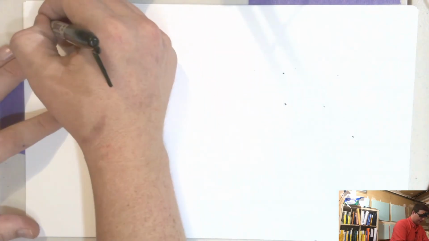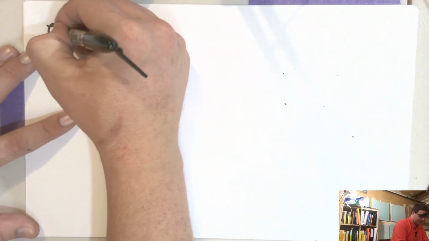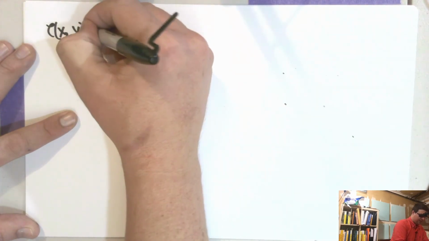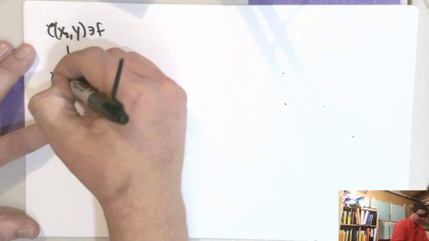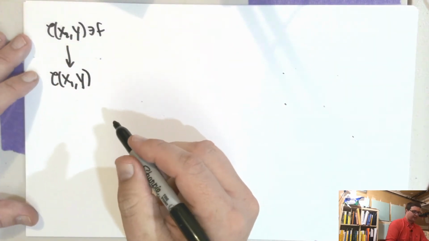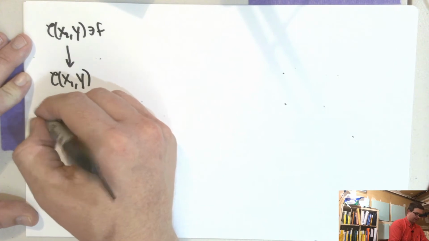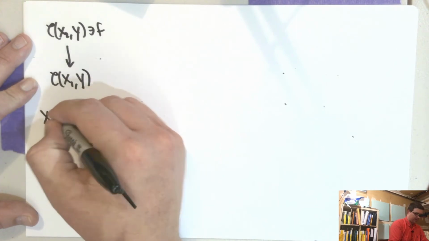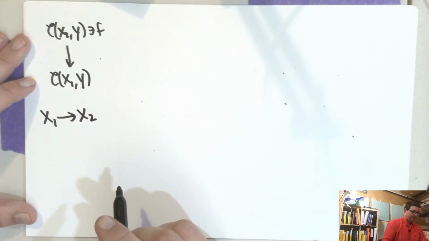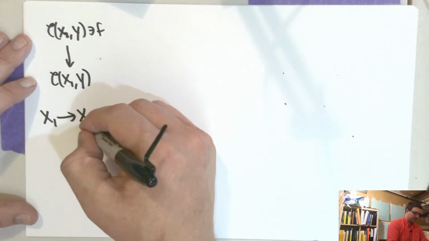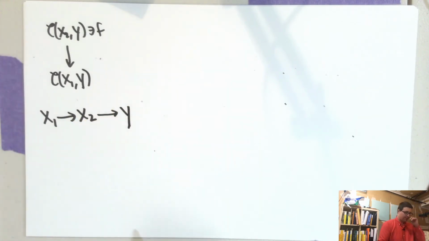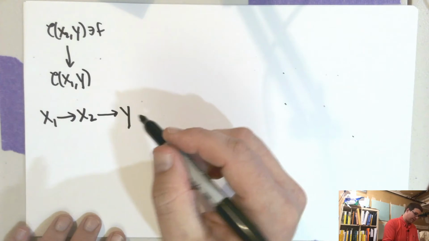So let's write this again, C of x2, y. Given one of these, we need to produce one of these. We have a map phi from x1 to x2, and then we have a map from x2 to y, and we need to produce a map from y to x1.